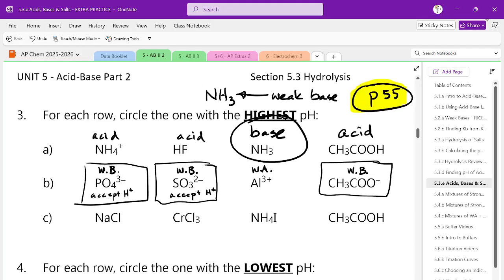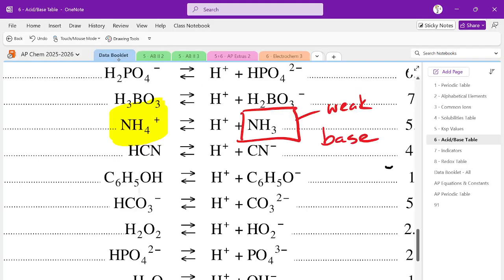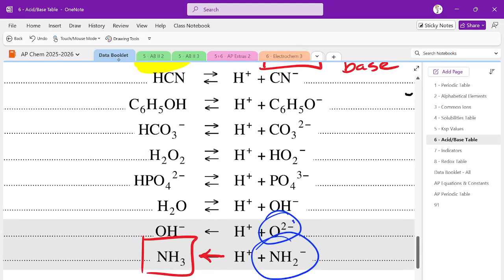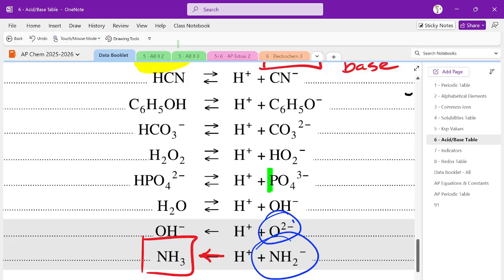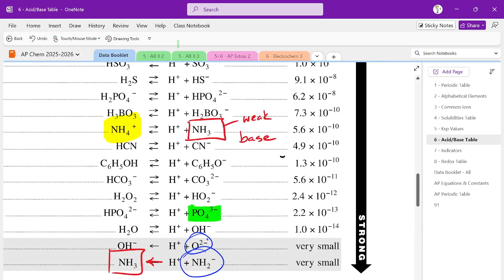PO4, SO3. So we need PO4. It doesn't matter where the other ones are. There's nothing below PO4. It is the strongest base of all those bases.